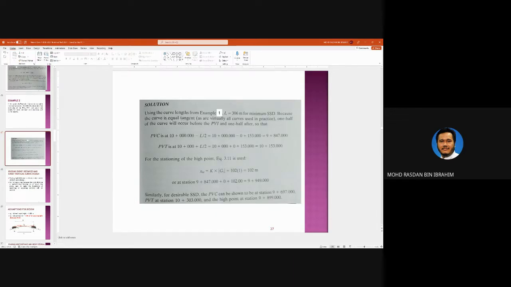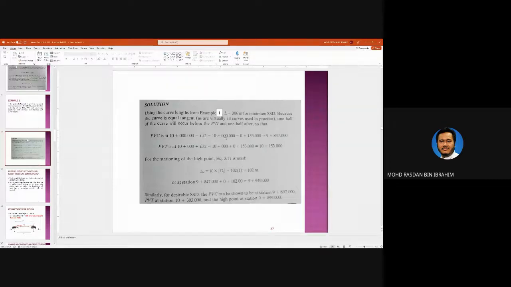Because the curve is equal-tangent, one half of the curve will occur before the PVI and one half after. So you know the length of the curve is 306. 306 divided by 2, you will get 153.